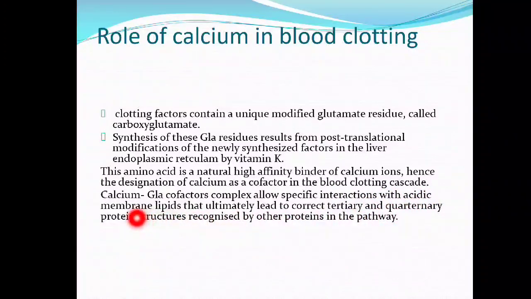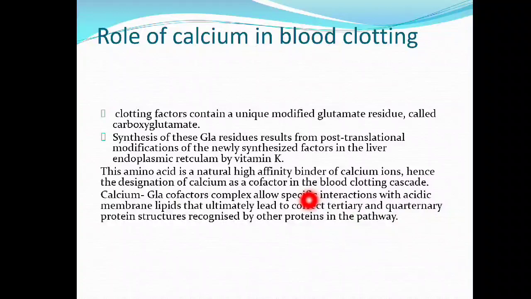Of course, the calcium Gla factors complex allows specific interaction with acidic membrane lipids that ultimately leads to the correct tertiary and quaternary protein structure recognized by other proteins in the pathway. So this is the role of calcium in blood clotting.